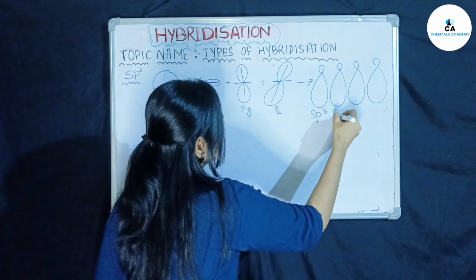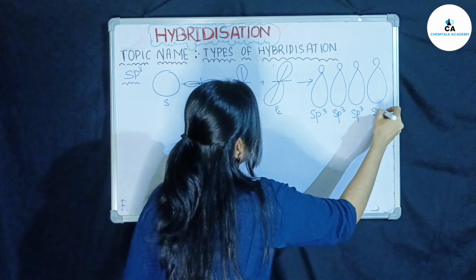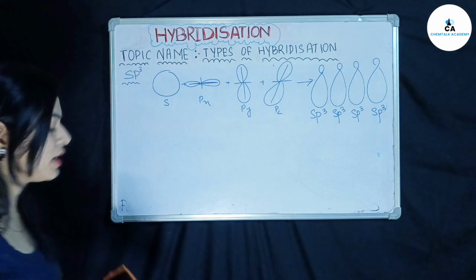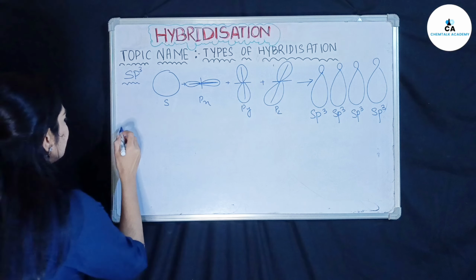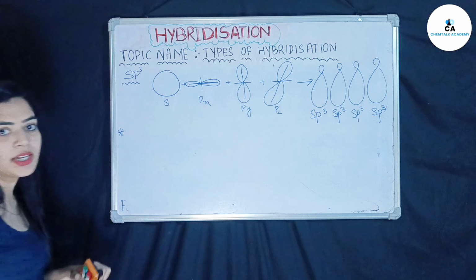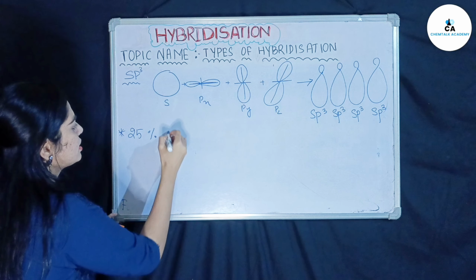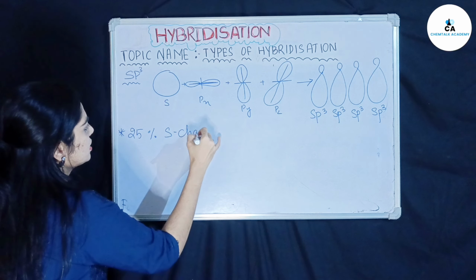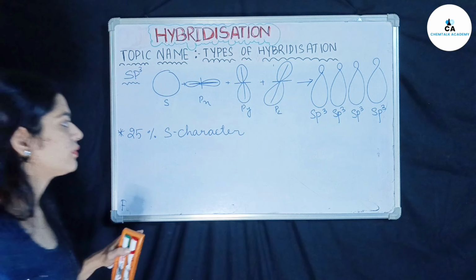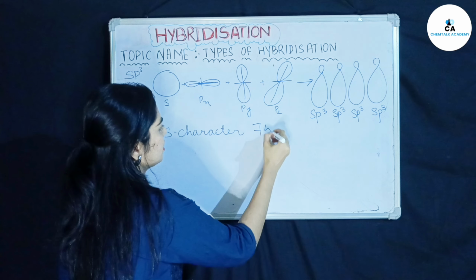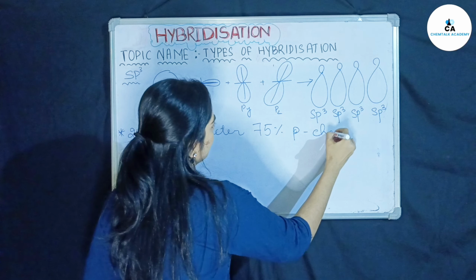sp3, sp3, sp3 and sp3. How many hybrid orbitals? 4 hybrid orbitals. Now what will be the percentage of s character and p character? 25% of s character and 75% of p character.